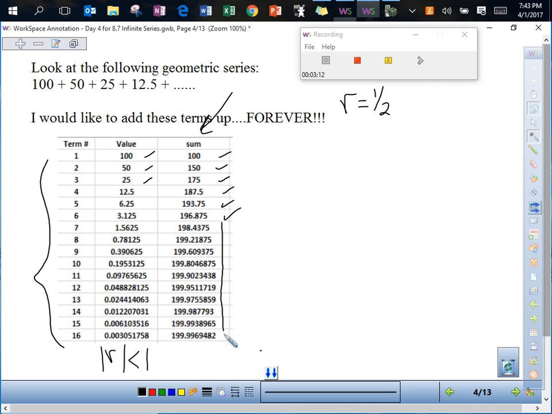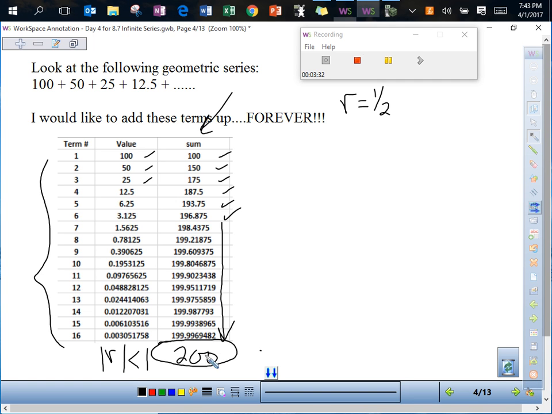I really quit growing. There's a shortcut to get the answer that would show up if you did this forever. You could probably guess, maybe, looking at my spreadsheet, what this sum comes out to be. Notice that it looks like just more decimals are showing up. If we did this forever, guys, I would get a sum of 200.